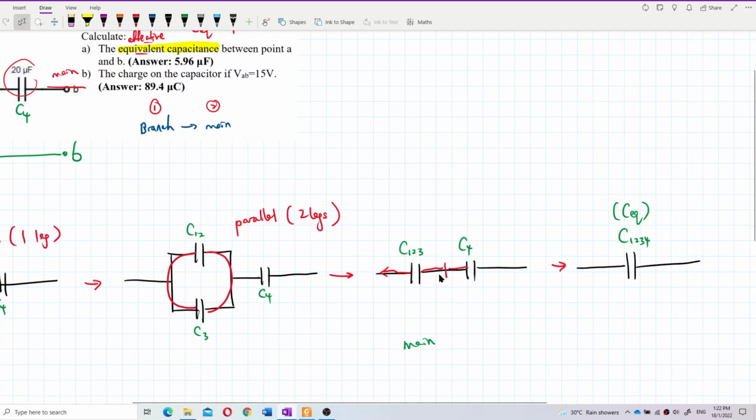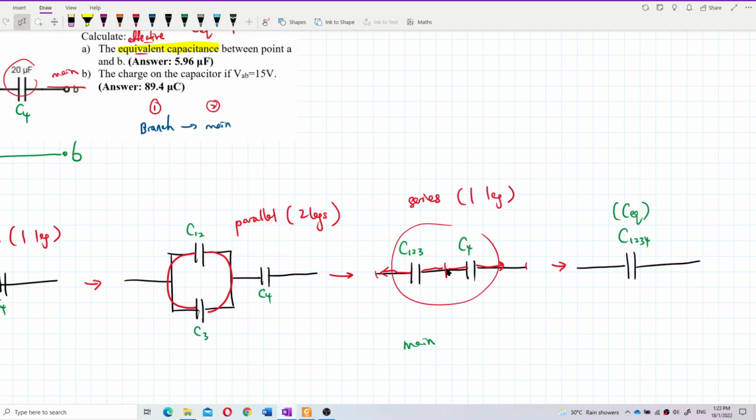The other leg probably connects to the power supply or battery. So they only connect one leg, so we can say these two are in series.